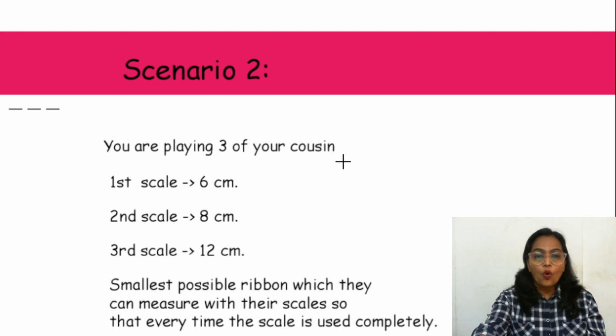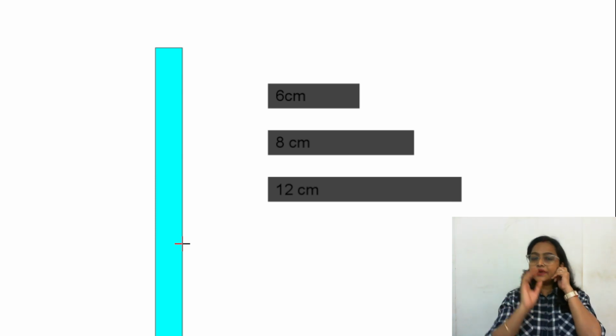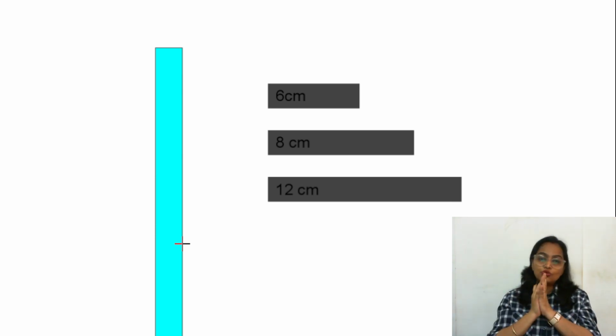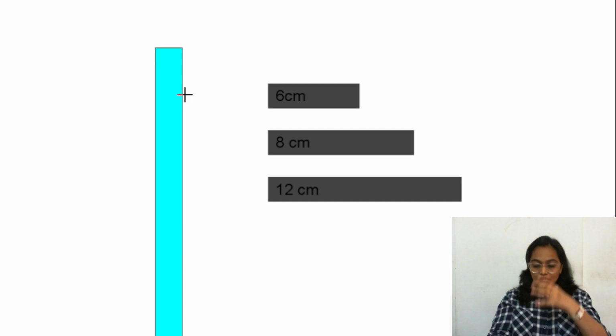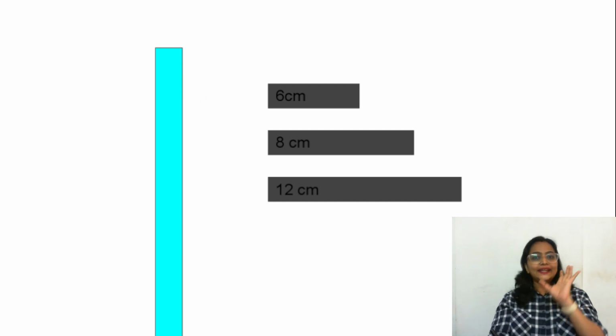Now the scenario is that they all want to measure the same length of ribbon, right? And they want that every time while measuring, their scale should be used completely.